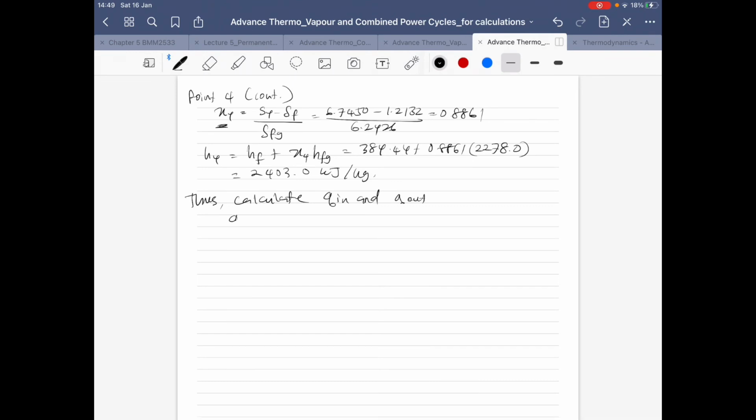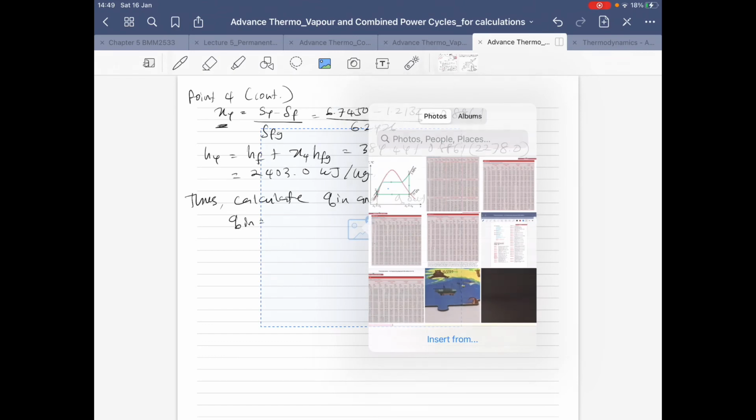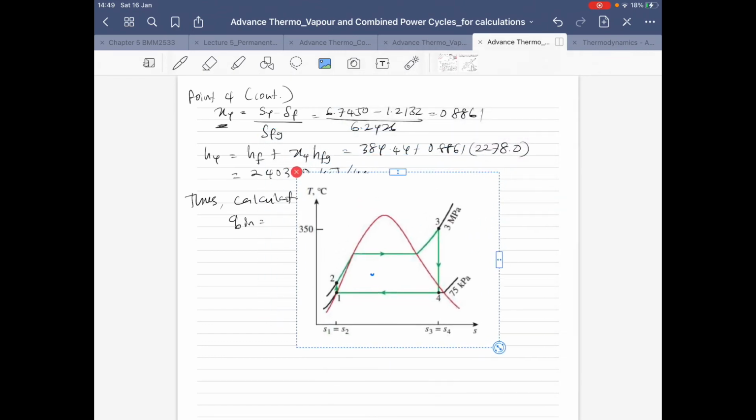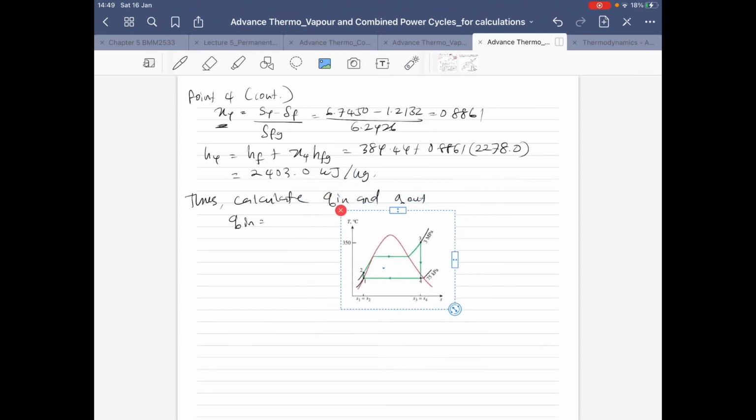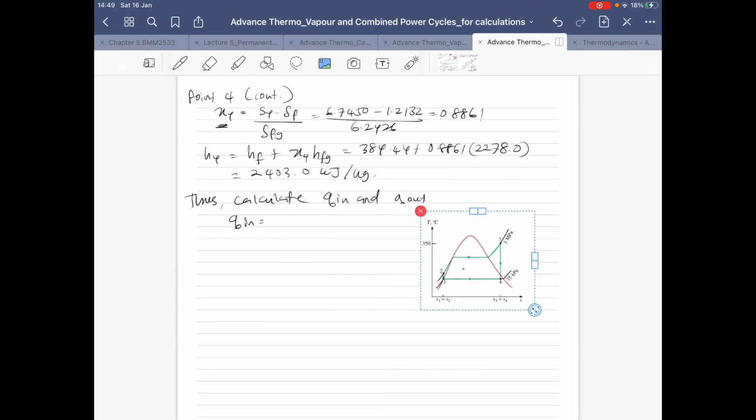So Q in is equal to, kat mana Q in berlaku tuan-tuan? Sekali lagi, ingat tak? Tengok table ni, tengok gambar ni, kat mana berlaku. Q in kat sini.